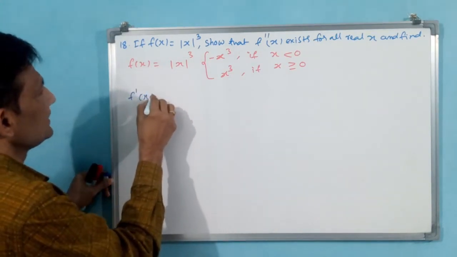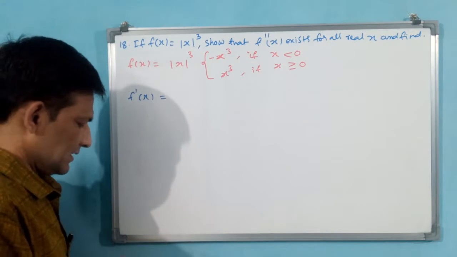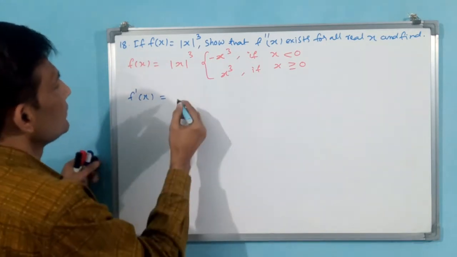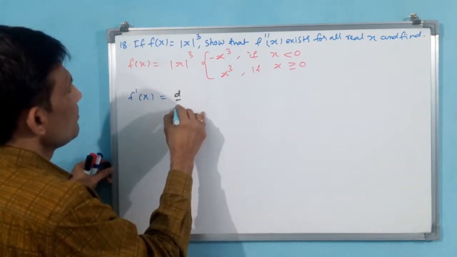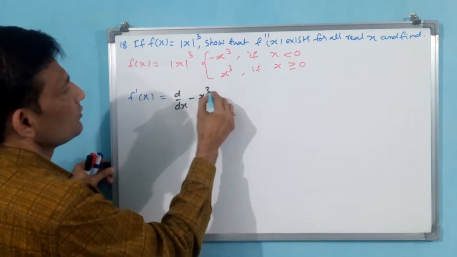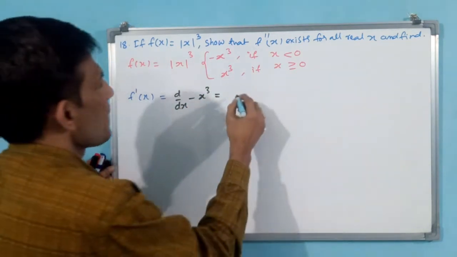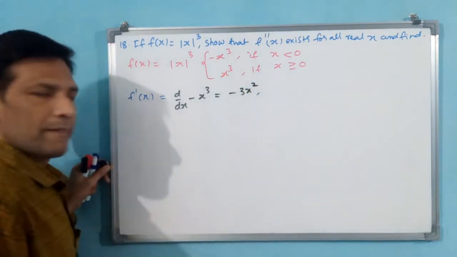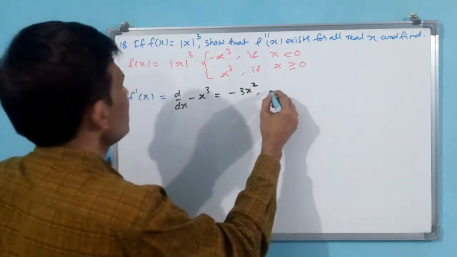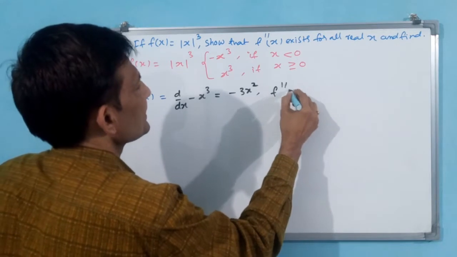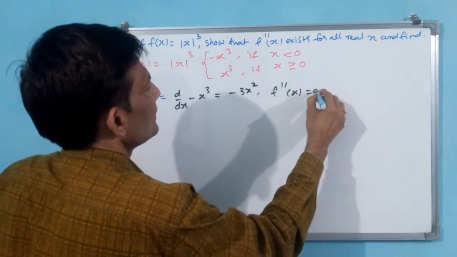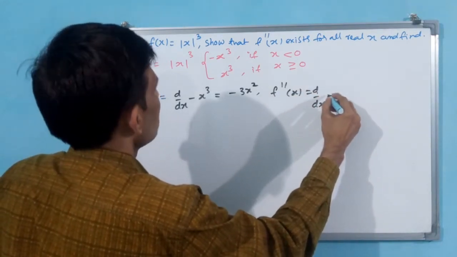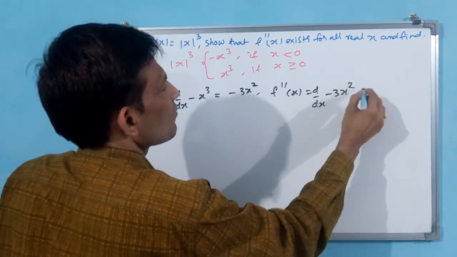See how I am doing. f dash x is equal to d by dx of minus x cube, that is equal to minus 3x square. Then f double dash x is equal to d by dx of minus 3x square.